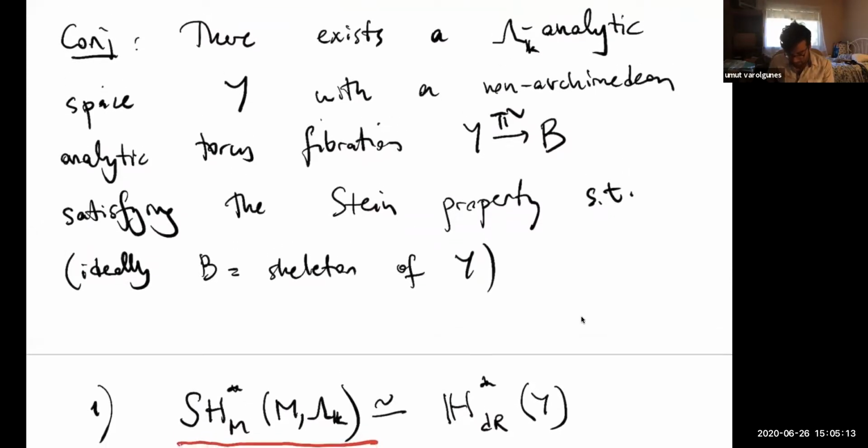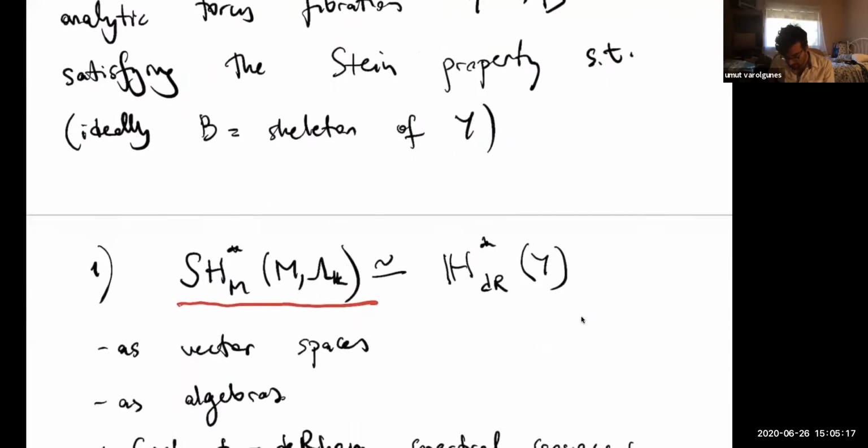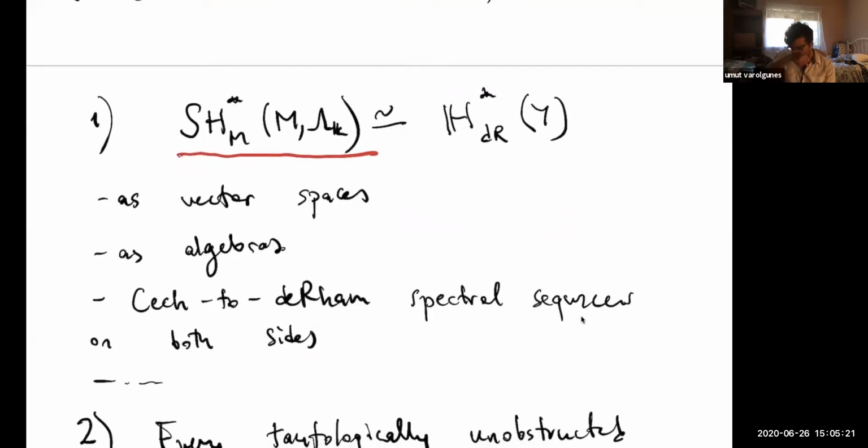So what does this mean? It's supposed to have some consequences. The first consequence that I would want from this construction is that there's a global invariant that I will be interested in, SH sub M, which I will also define.